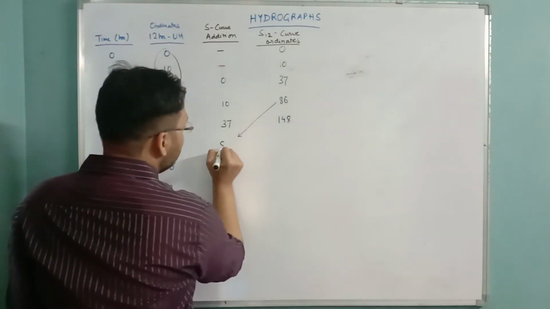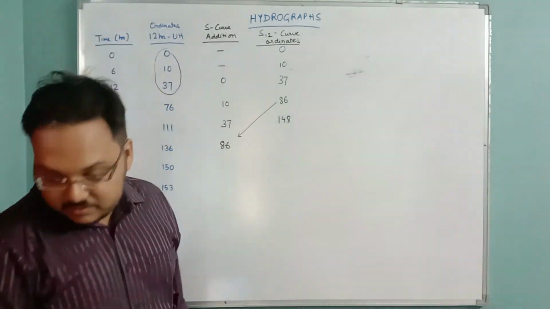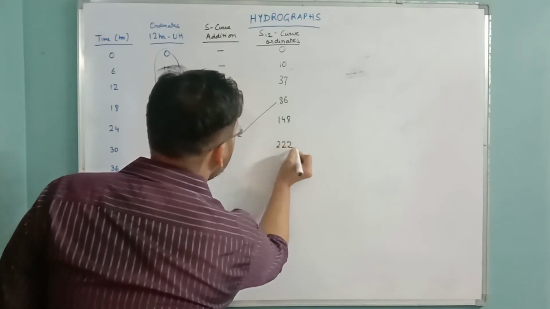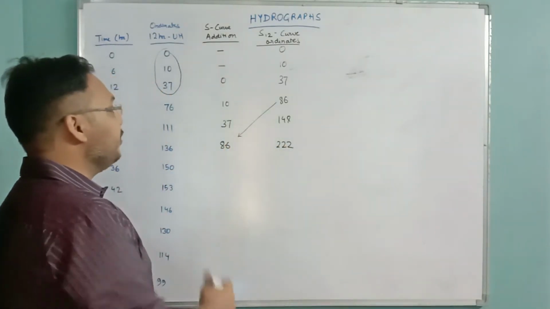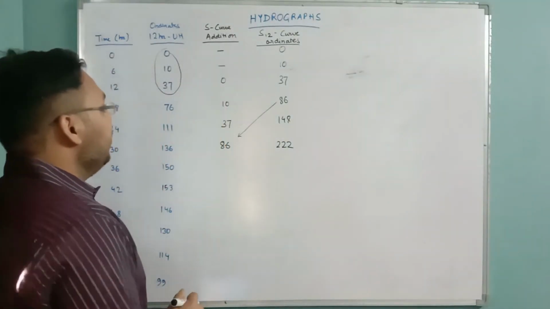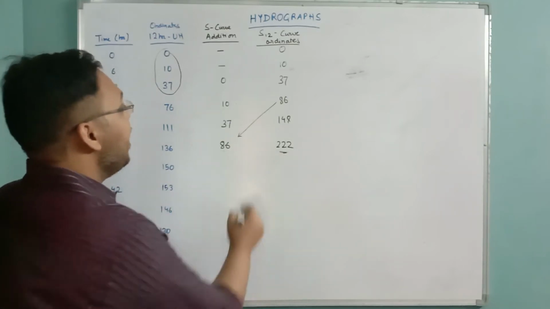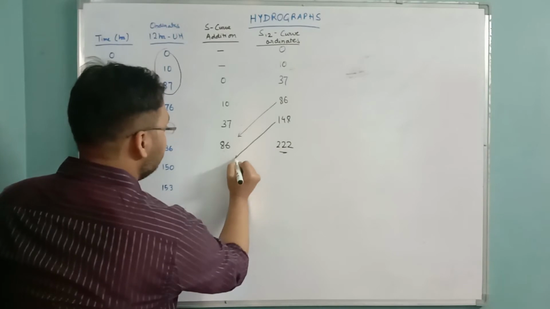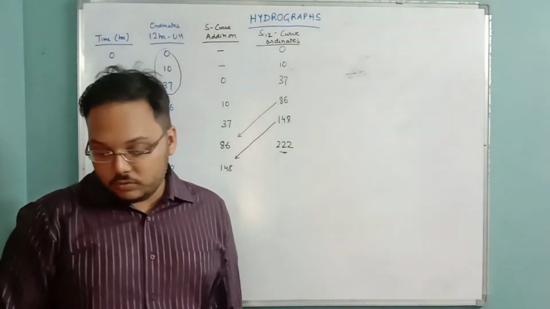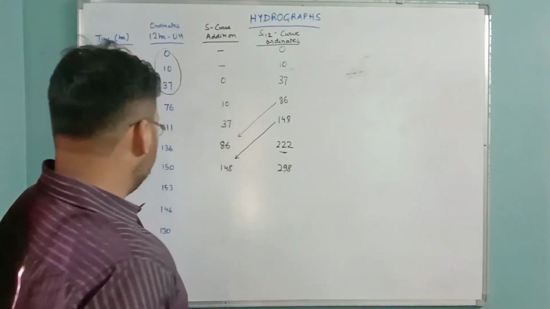So 136 plus 86 will give us 222. I hope you are using the calculator, because I have to explain all of the things. I am just seeing the solution and writing this. So 136 plus 86 gives us 222, and next we will use 148 over here. 150 plus 148 will be 298, I guess. Yeah, it's 298.